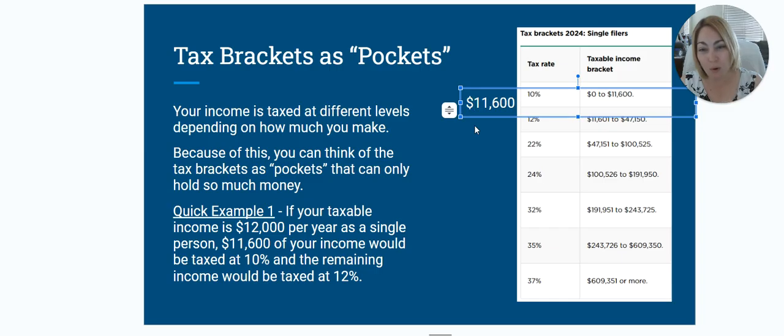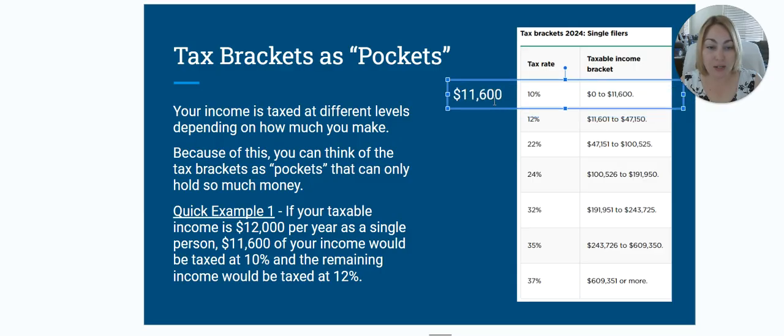It's really important that when it is money that you give me a dollar sign, and the dollar sign always goes in front of the number, the very first character on the left-hand side. Okay? So $11,600 of my income is going to go in this 10% bracket, right? Now, that means in the 12% bracket, the remaining $400 would go there, okay?